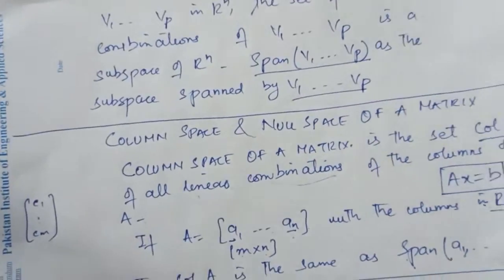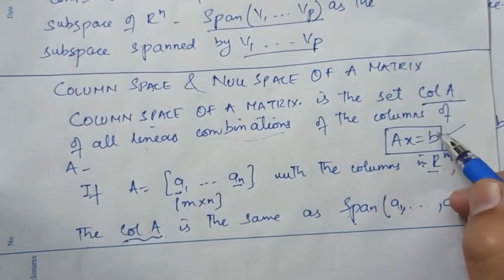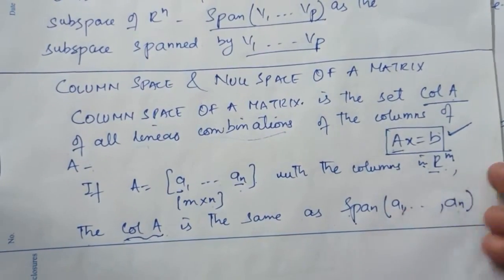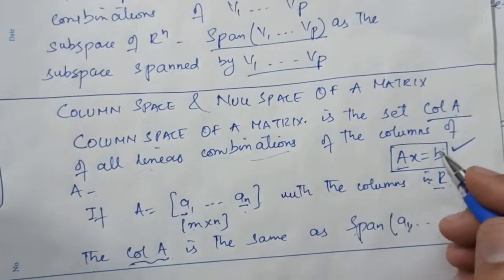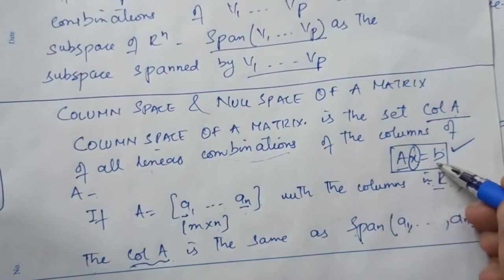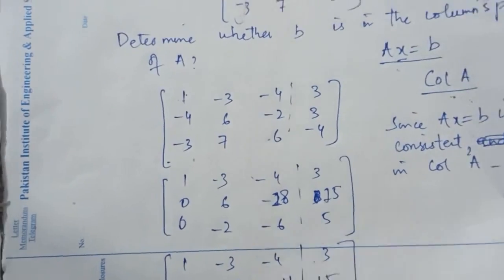Now, if you need to find out whether any column vector b is in the column space of A, what we need to do is find the linear combination given by the variable x such that Ax equals b. We did an example in the last lecture that illustrates this very basic point.